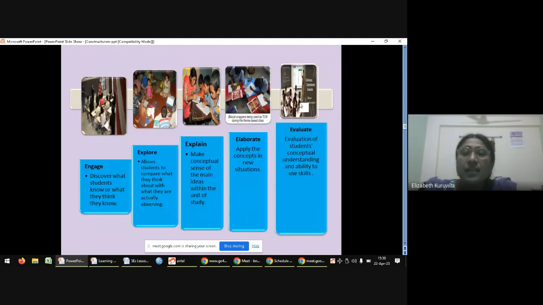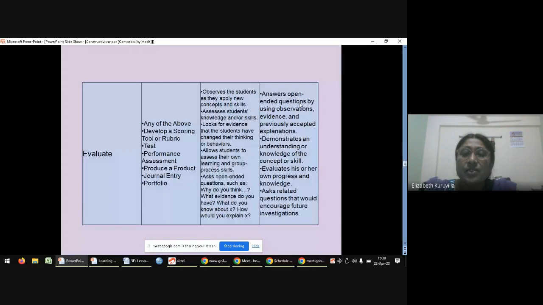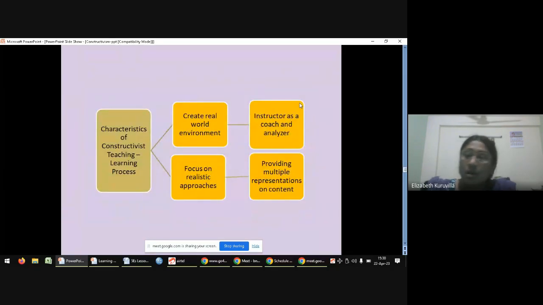So the lesson plan that we are making is based on these 5 E's. What are the characteristics of constructivist teaching learning process? We can say it creates a real world environment. It focuses on realistic approaches. Instructor as a coach and analyzer, providing multiple representations of content.